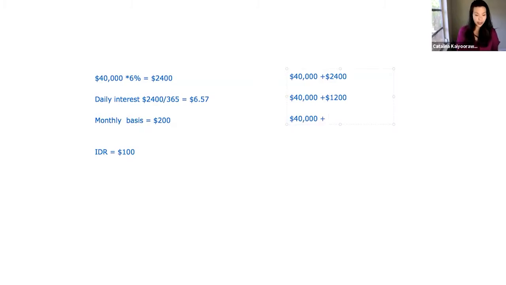That will be 3,600, right? But then you're going to minus the 1,200, because that's how much you paid in from the $100 a month. So that means it's now grown again to 2,400, right? So it looks like your balance isn't going down. And if we keep on repeating that, your balance is actually going up by $1,200.